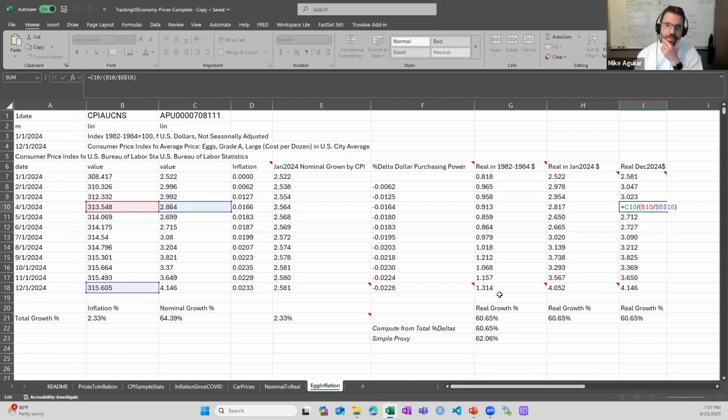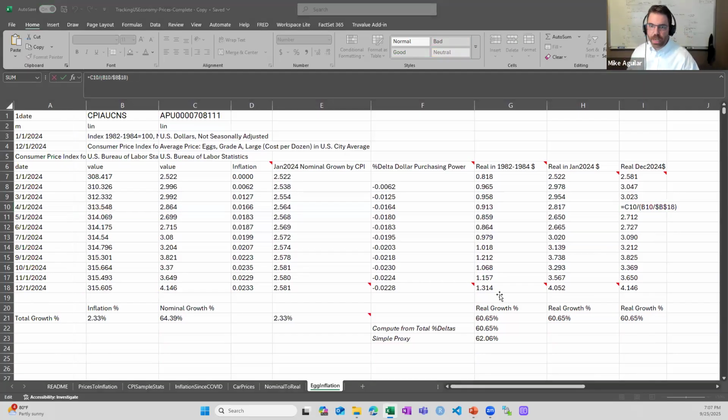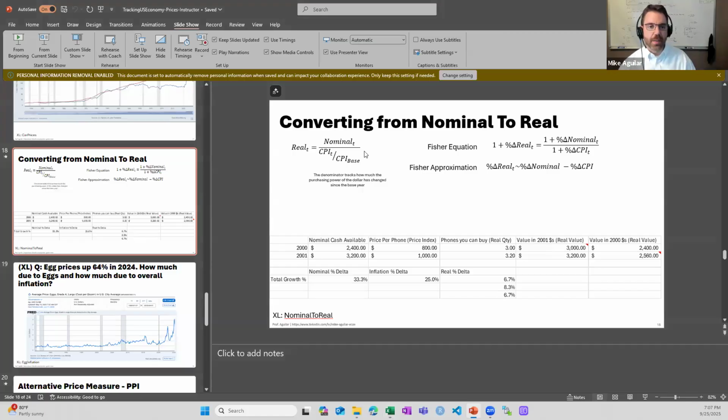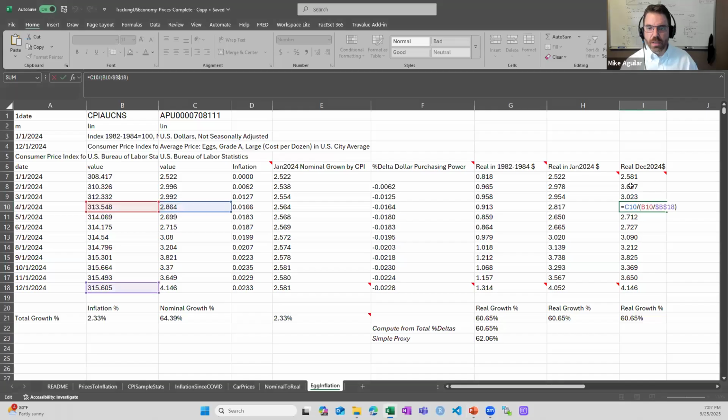Take eggs prices, nominal, in period T, C10, divided by CPI, CPI base. Again, that's the formula. Go back to PowerPoint: nominal divided by CPI-T over CPI base.